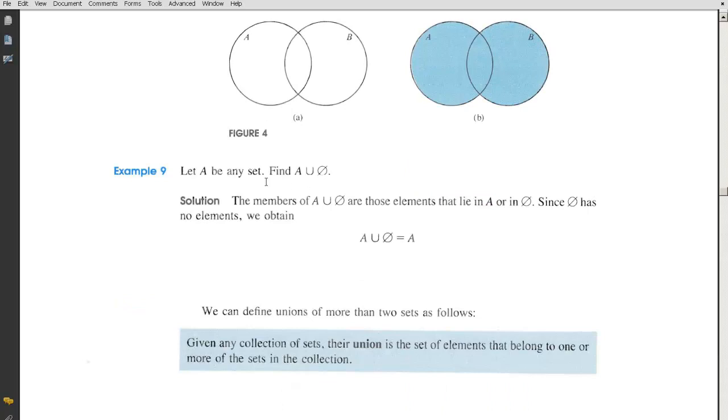Let A be any set. Find A union the empty set. So what's the union of A with the empty set? It's A. Okay, and we can also talk about a collection of sets and their union. It is the set of elements that belong to one or more of the sets in the collection.